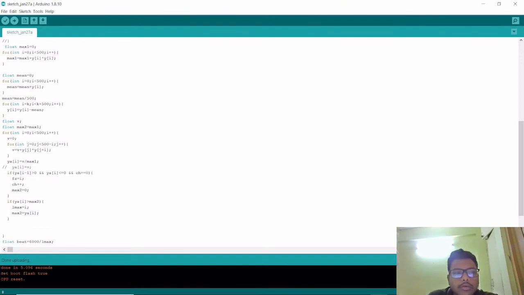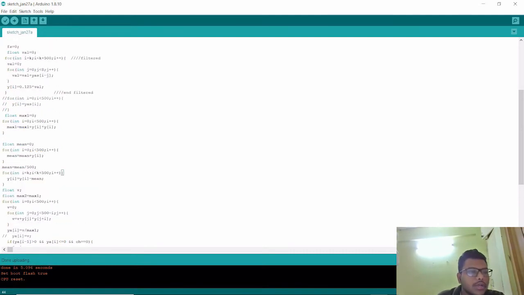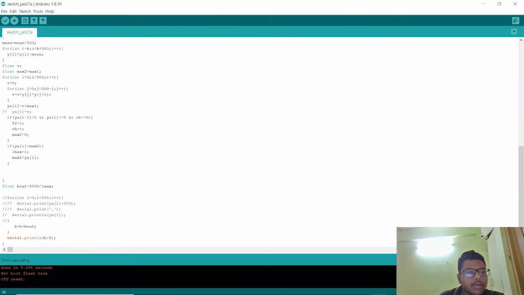So first we need to filter the noise. We apply a moving average filter to the signal and obtain a noise removed signal from the PPG signal. Here you can observe that we are applying a moving average filter and removing the noise.